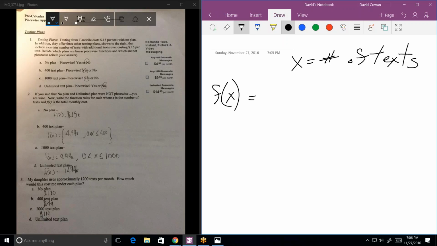With the 400 text plan, you pay $4.99 a month for 400 texts, and anything over 400 is 15 cents per text. So let's think about that. We're going to pay $4.99 plus what?